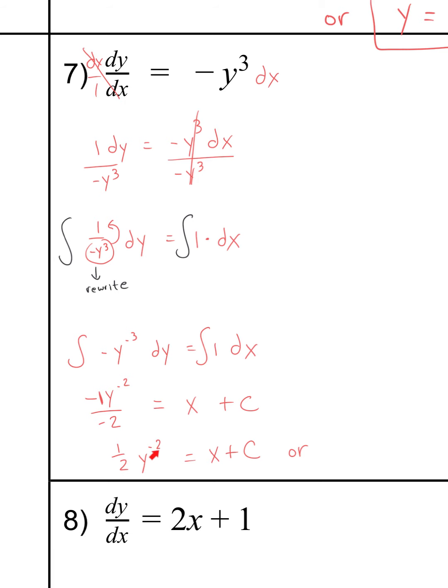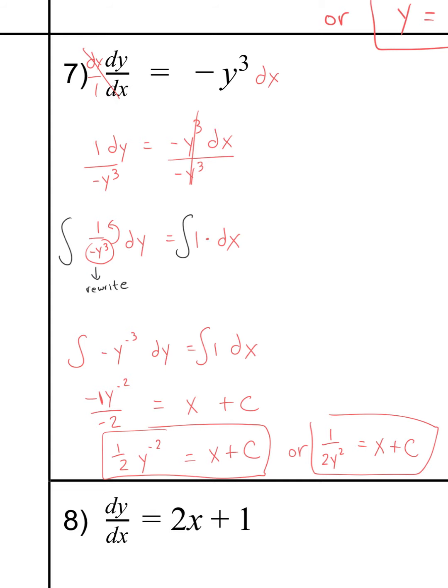I can move this y to the negative 2 down to the denominator, and it would look like this: 1 over 2y squared is equal to x plus c. All right, so that is without a negative exponent, and this over here is with a negative exponent. Make sure you know how to move this downstairs.